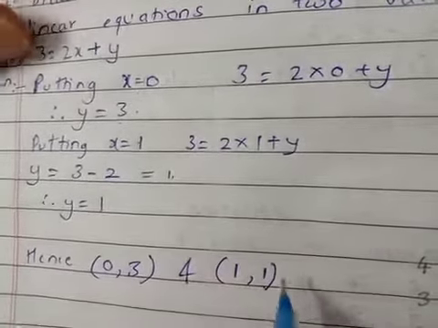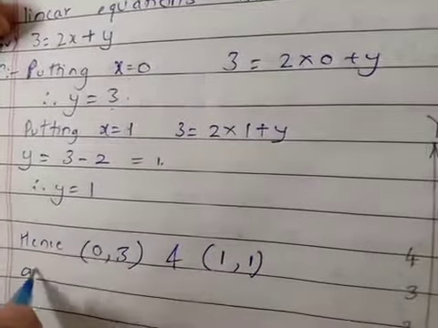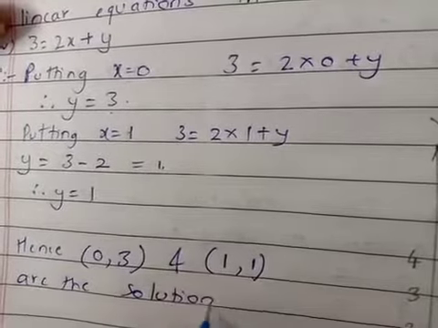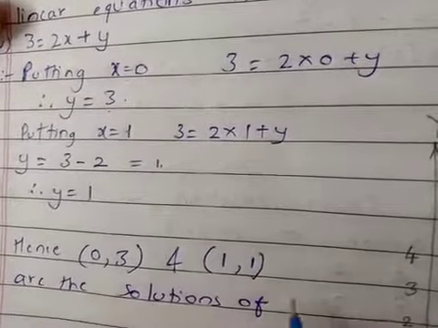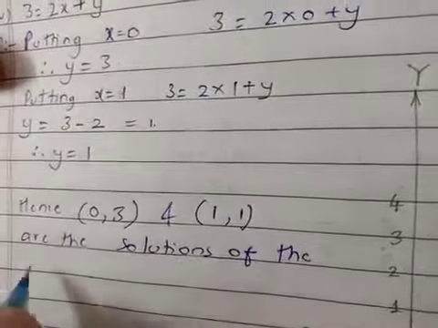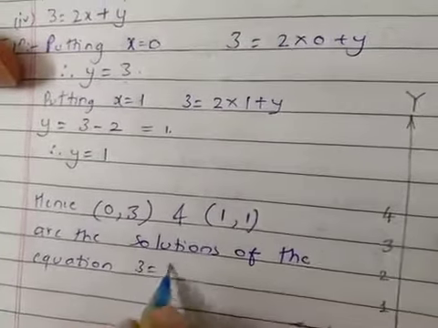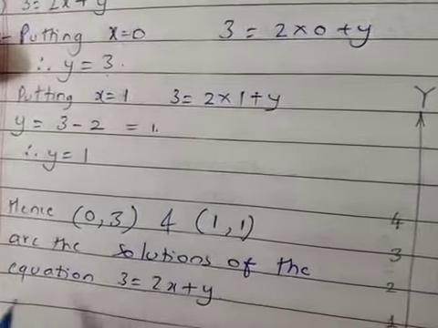So 0, 3 and 1, 1 are the solutions of the equation 3 equal to 2x plus y.